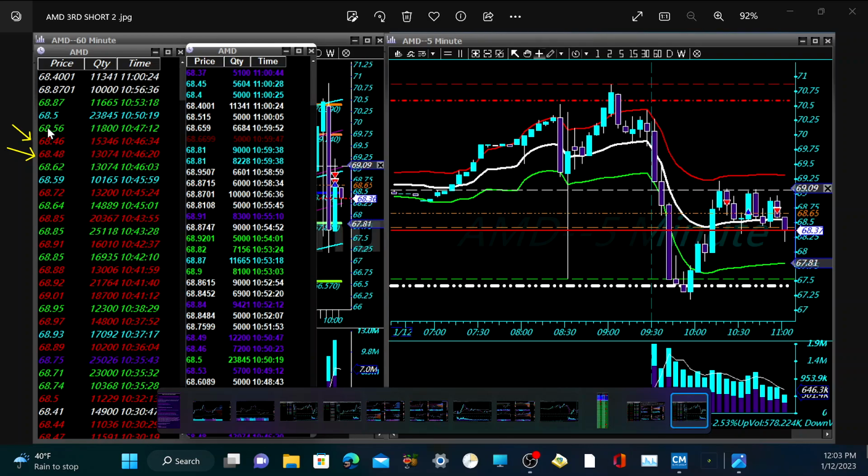And then these buyers came and kind of spoiled it, so it just pulled back to break even. So I'm making sure I'm reading these big orders, reading the time and sales, reading the level 2, and just making sure I'm staying focused and trading properly.